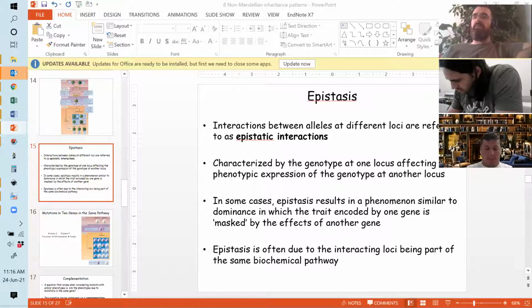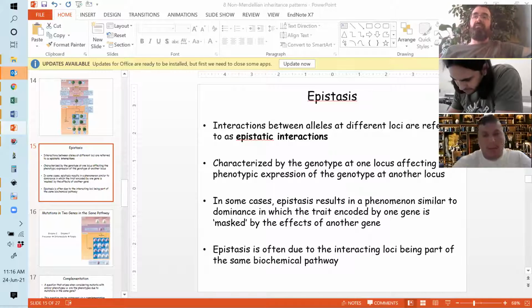It makes no difference. Your cat could be homozygous dominant, or heterozygous, or homozygous recessive. It'll still be white. Completely irrelevant.